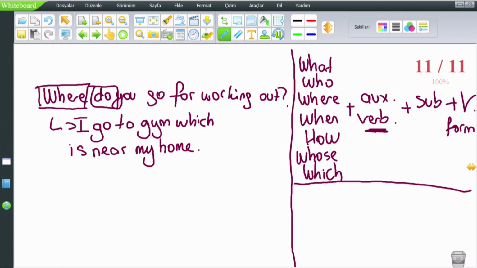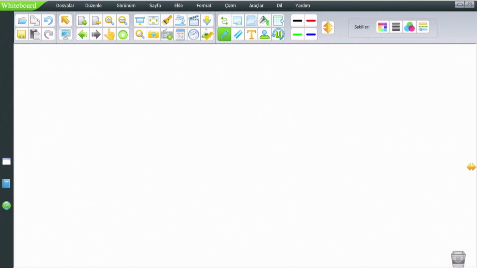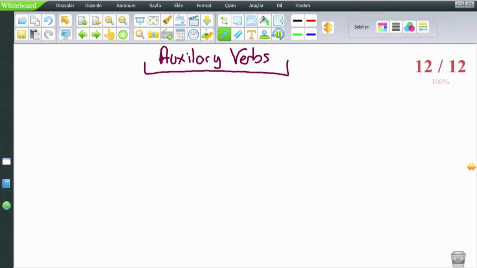Now, let's talk about this auxiliary verb. In every tense, our auxiliary verb changes. And how do we find them?